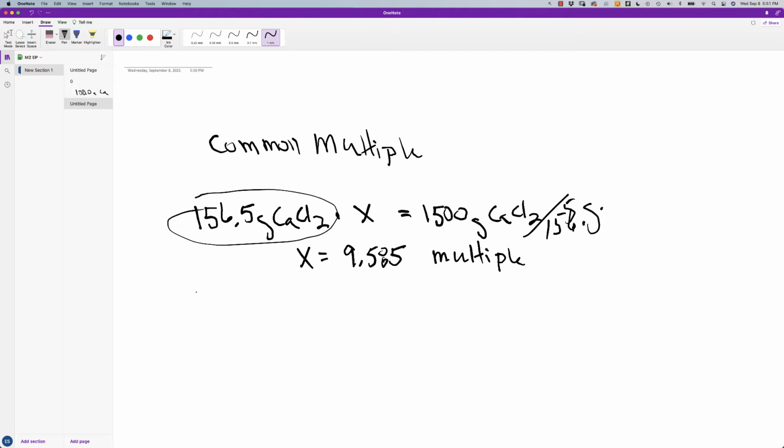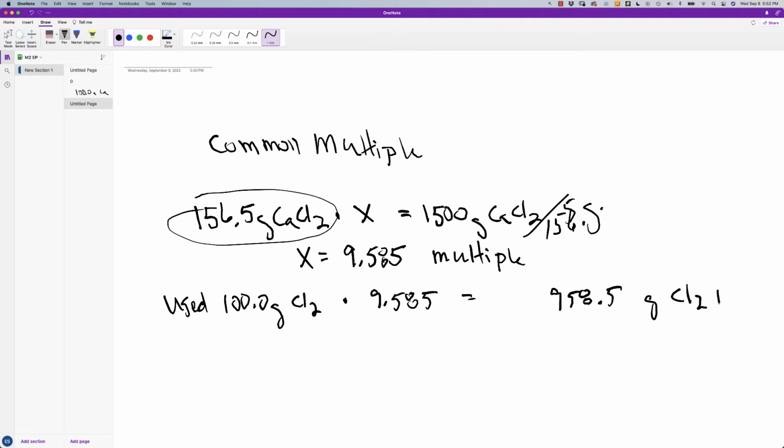So if we used 100.0 grams of chloride, then if we multiply that by our multiple, which is 9.585, that gives us 958.5 grams of chloride that's needed.